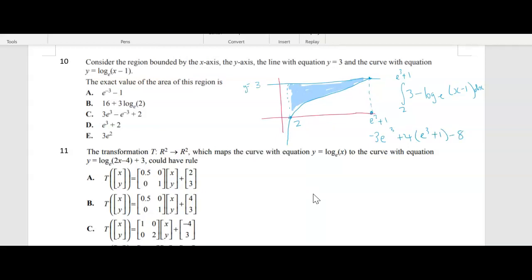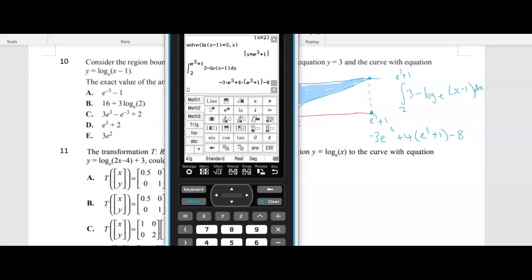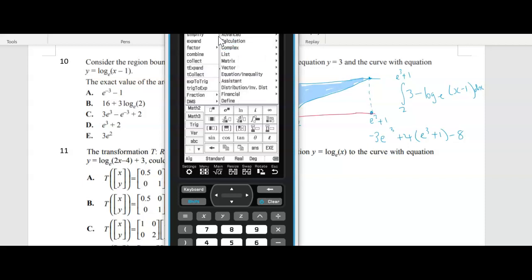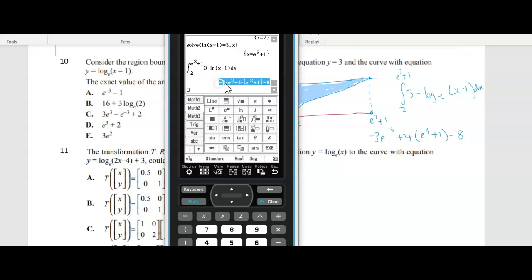All right, so I'm going to expand that bracket. You can actually expand on your calculator, but I don't think it's going to make any difference, to be honest. I can never remember what I need to do. Before I expand, I'll just highlight the expression to copy it.